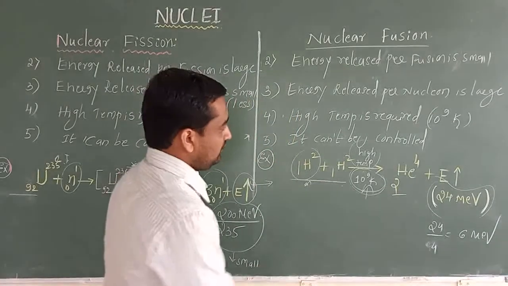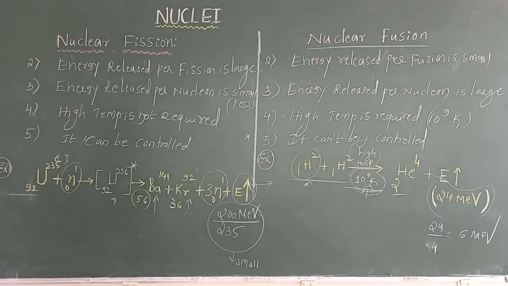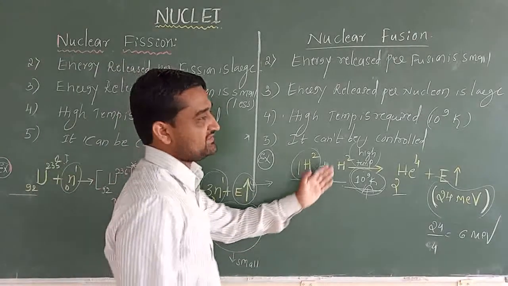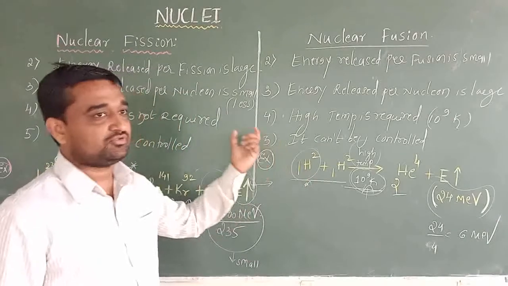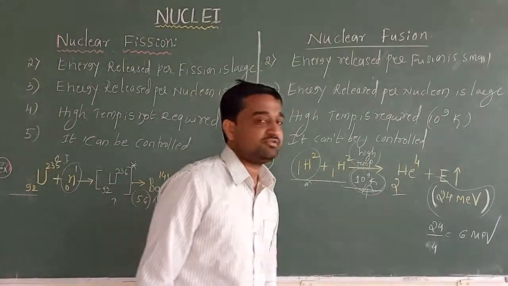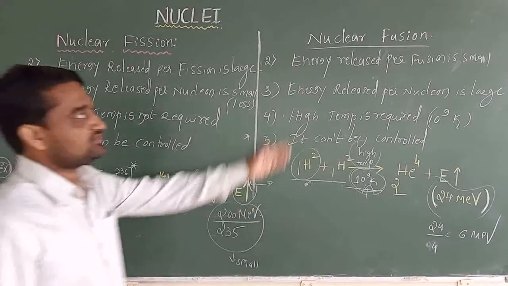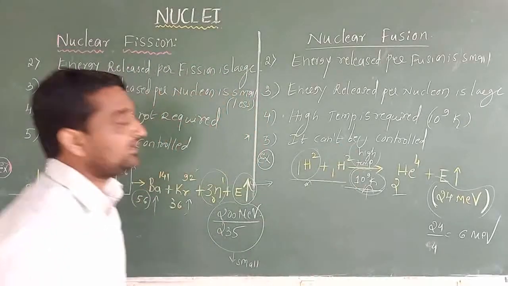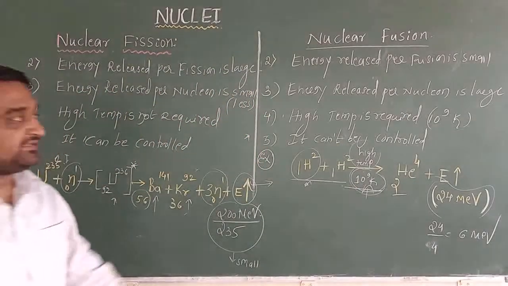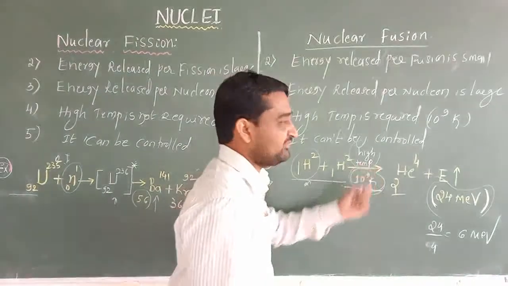Why? A high temperature of the order of 10 to the power 9 Kelvin is required, and such a large temperature is present on the sun and stars. So these reactions take place at the sun and stars, where that high temperature is present.